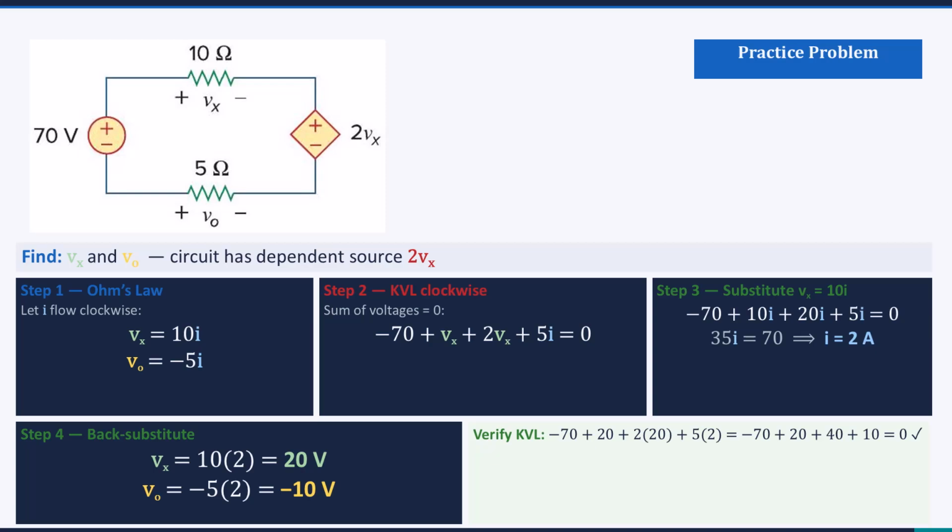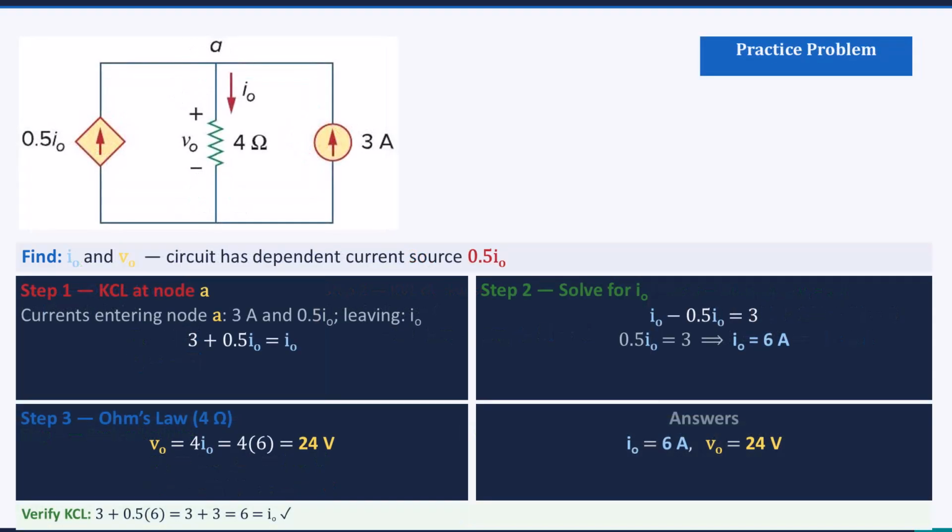V0 equals -5 times 2 equals -10 volts. Verify. -70 plus 20 plus 2 times 20 plus 5 times 2 equals -70 plus 20 plus 40 plus 10, which equals 0. Confirmed. So far we have used KVL to solve loop problems.